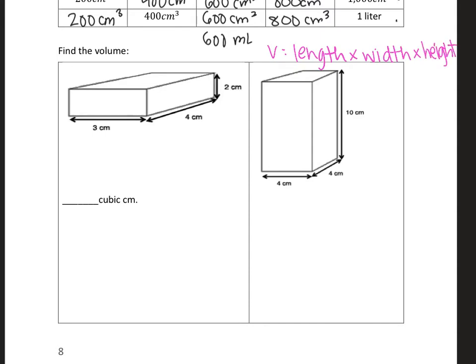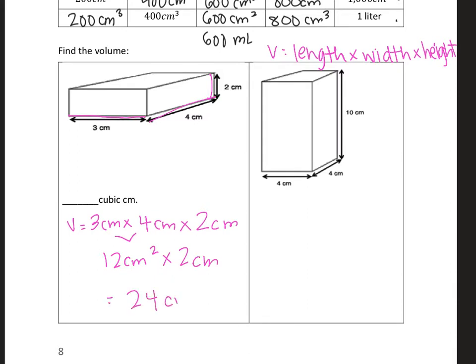Here we have a length of 3 centimeters, a width of 4 centimeters and a height of 2 centimeters. 3 times 4 is going to give me 12 square centimeters times 2 centimeters. And 12 times 2 is 24, so this is going to give me 24 cubic centimeters.